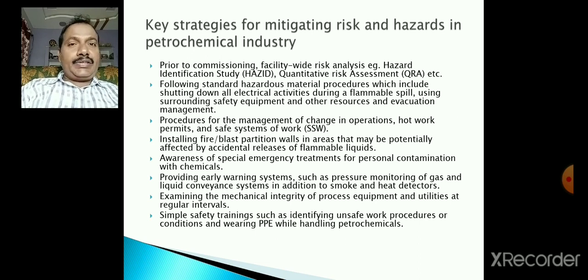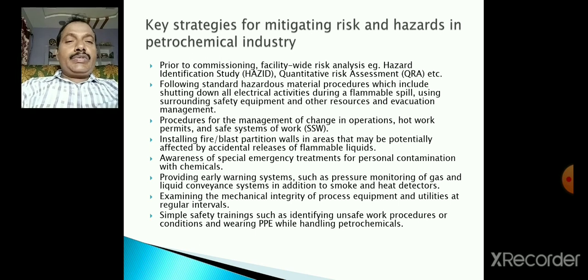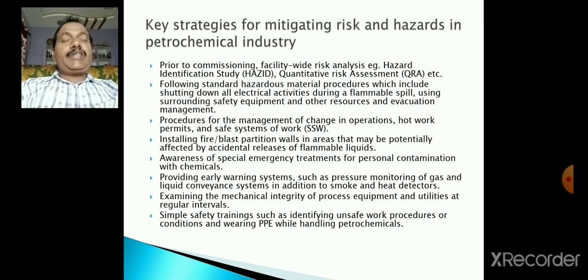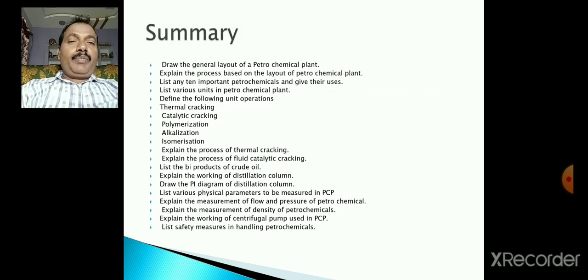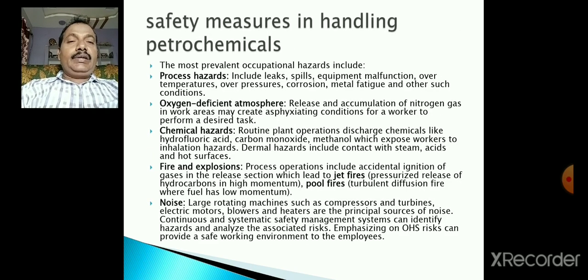These two reports are very essential prior to the start of the work. And not only that, we have to give certain training programs and awareness programs to the workforce so that there are no casualties in future. We have to employ regular checkups of process equipment so that process hazards should not take place.